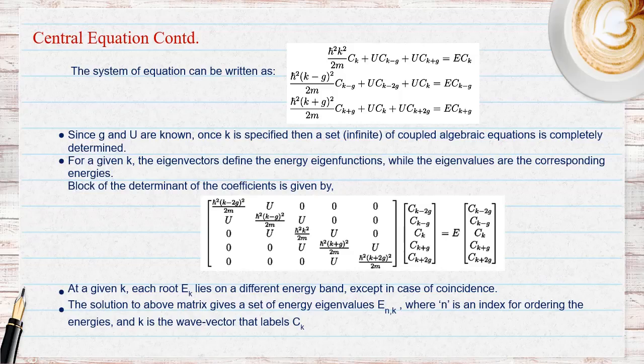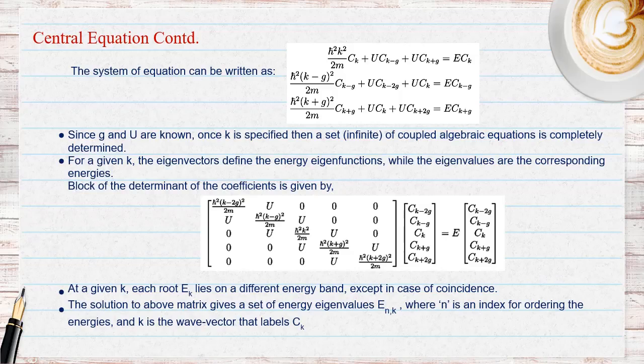Now the problem has been transformed from a differential operator as in the wave equation to a matrix operator eigenvalue problem. So for a given wave vector k, the eigenvectors define the energy eigenfunctions, while the eigenvalues are the corresponding energies. Then a block of the determinant of the coefficients is given by these three equations.